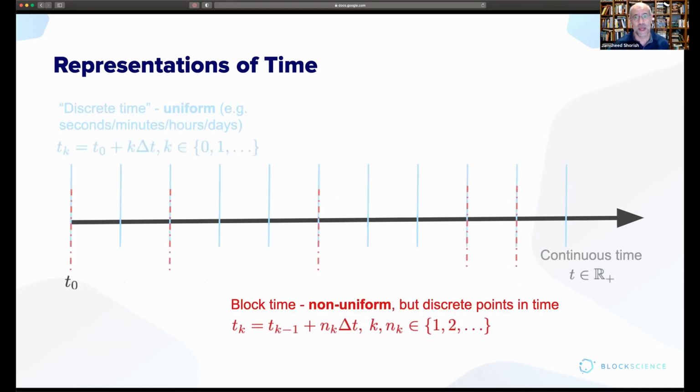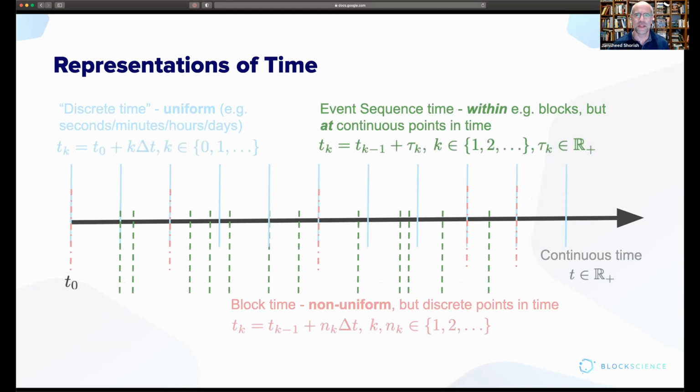Block time, for example, collects transactions over a series of discrete intervals, and then you get updates every so often at discrete points in time. And most generally, and this is really nesting, each one of these helps to nest the ones before it, the event sequence time, which gives you an idea of what's happening at any time in a continuous time fashion, but within certain naturally occurring aggregations of time units from the data collections that you find of interest or that are dictating how the system works.